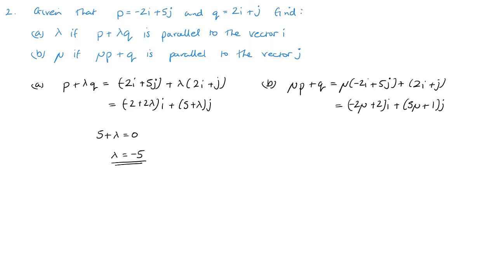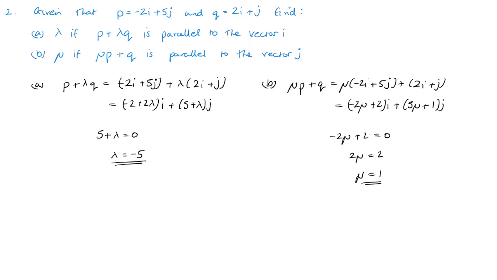Okay, and this time is parallel to the vector j, so the i component is 0, so minus 2 mu plus 2 equals 0. So 2 mu equals 2, mu equals 1.